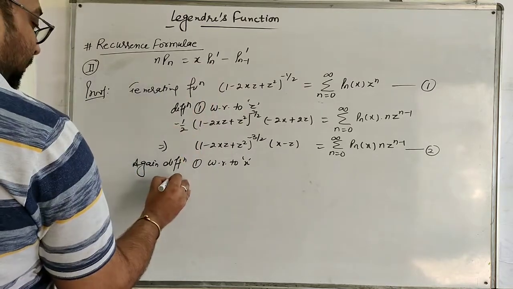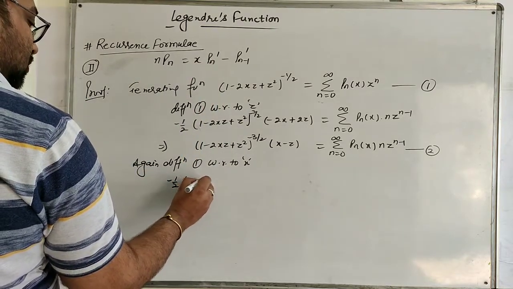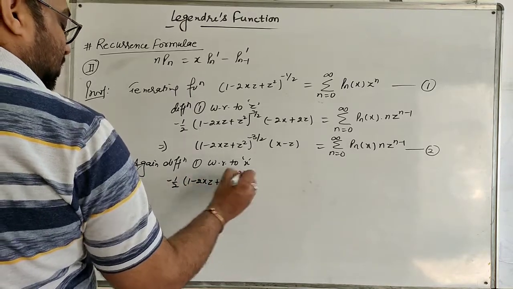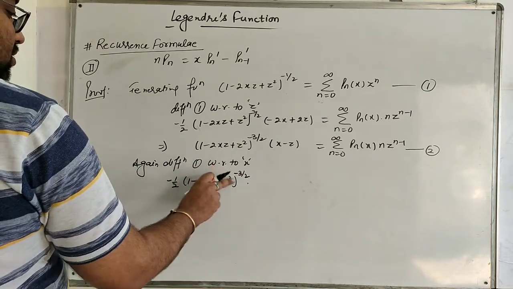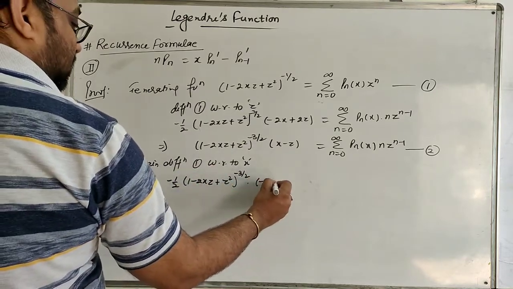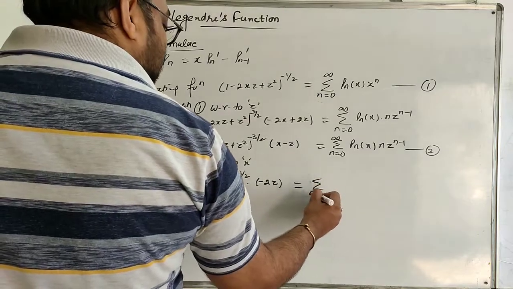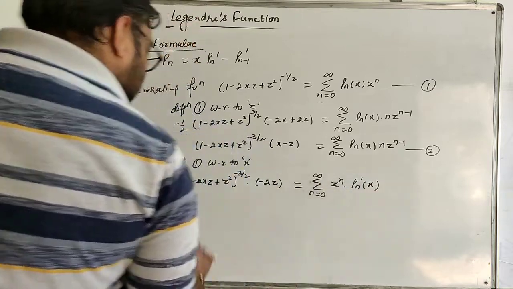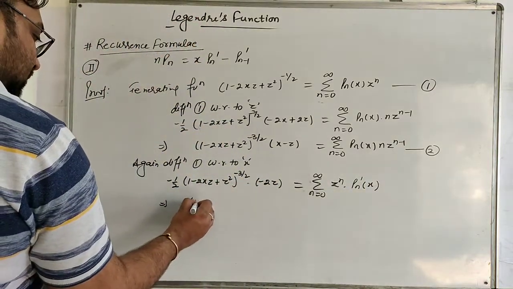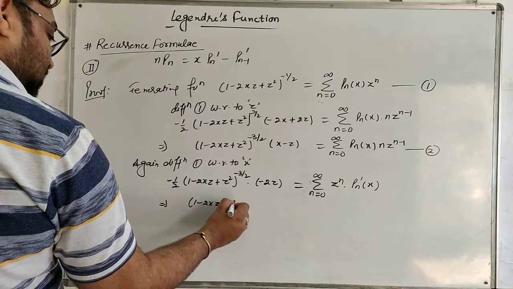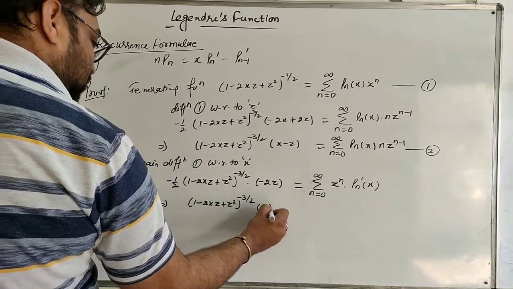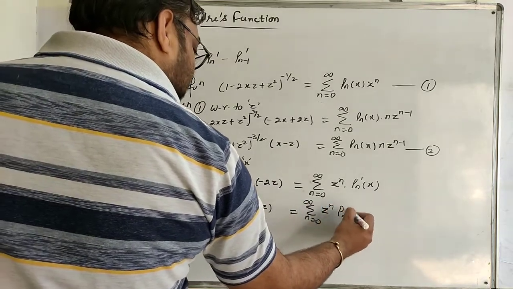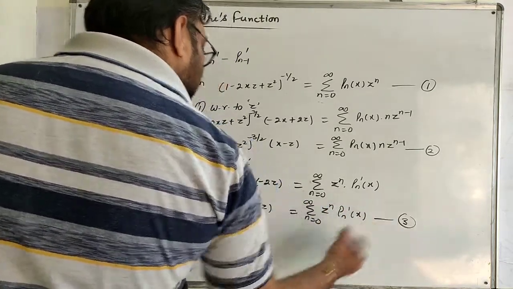So for this, -1/2 (1 - 2xz + z²)^(-3/2), and the entire differentiation of this with respect to x is -2z, is equal to Σ from n=0 to infinity z^n P_n'(x), or we can rewrite it as (1 - 2xz + z²)^(-3/2) into z equals Σ from n=0 to infinity z^n P_n'(x). This is equation number 3.